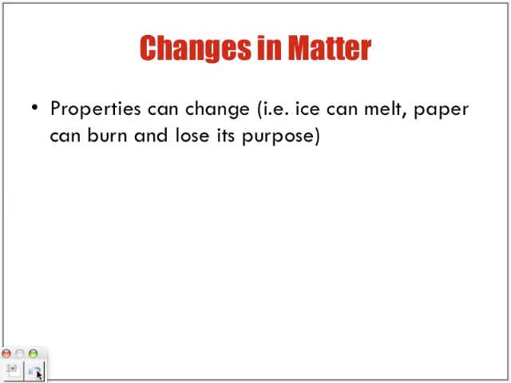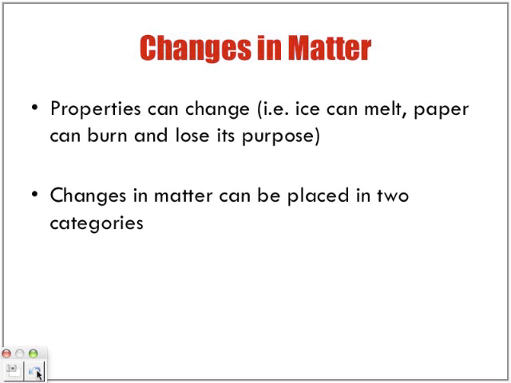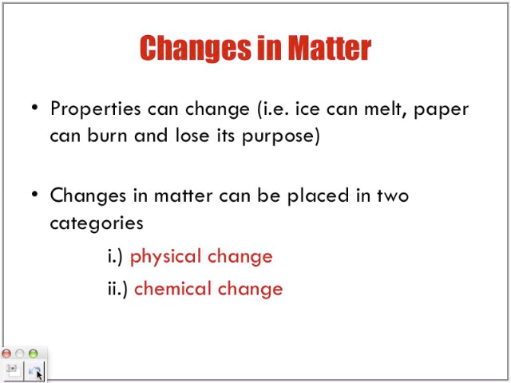Changes in matter. Properties can change. Example, ice can melt and paper can burn. Changes in matter can be placed in two different categories: the physical change and the chemical change. Ice melting is a physical change, but paper burning, that's a chemical change.